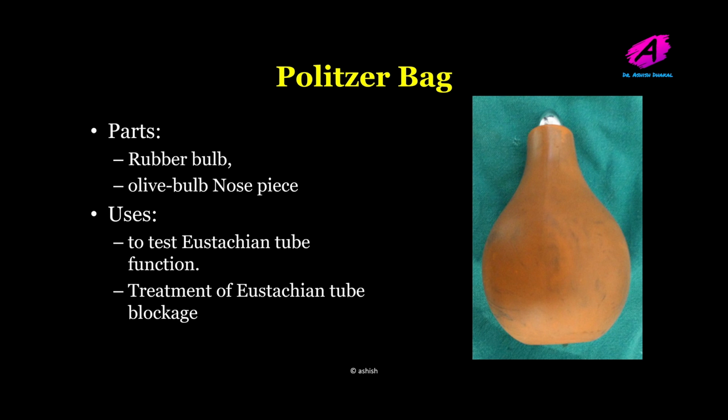The nose piece is inserted into the nostril and then this bulb is pressed so that air enters the nostril and the nasopharynx, and from there through the nasopharyngeal Eustachian tube opening into the middle ear. Its use is to test Eustachian tube function and sometimes as a treatment of Eustachian tube blockage as well.